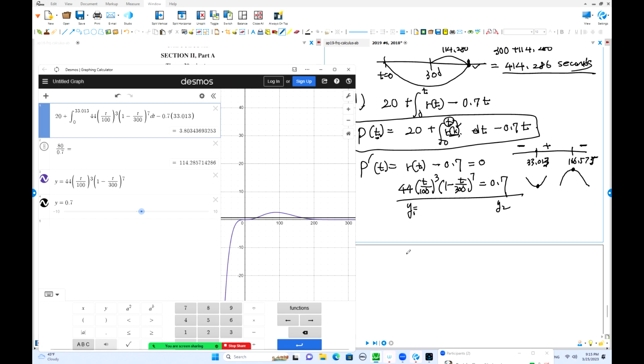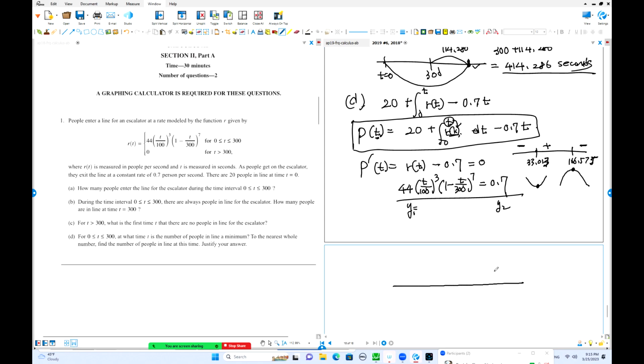So we have to check the beginning and the end. Between 0 and 300, we have over here 3.8, that is only 3.8 people, right? That's the minimum. 0 is what? 20 over here, isn't it? So it goes down. And over here at 166 it goes up, right? Increase, then decrease. Maximum. After that, going down.